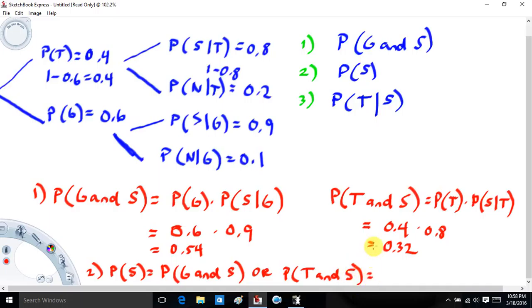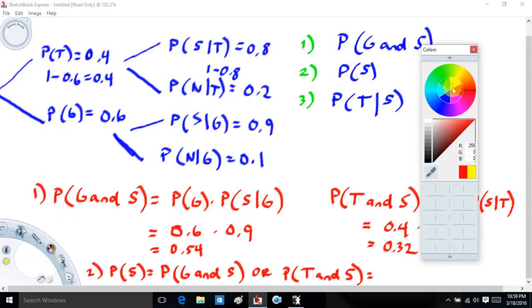Again, the probability that you got a scholarship is the probability that you got Coach Tom and you got a scholarship. So you went down this branch, and we can highlight that in yellow. So this path.